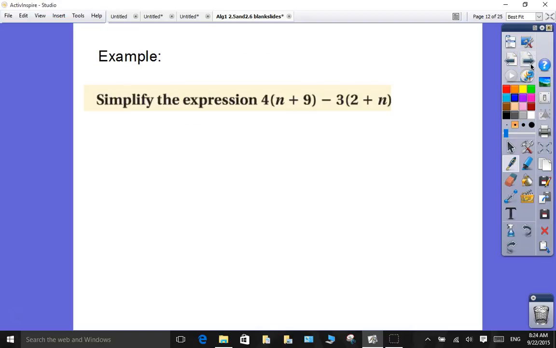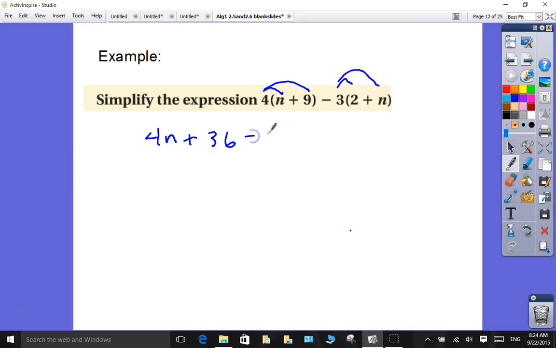So simplify the expression. What property would we have to use first? Distributive, right? We're still in the section which is all about distributive properties. So yes, distributive. So the first set of parentheses there, what will come out of that? 4n plus, right, you're doing this and this, plus 36, and then what about this one?